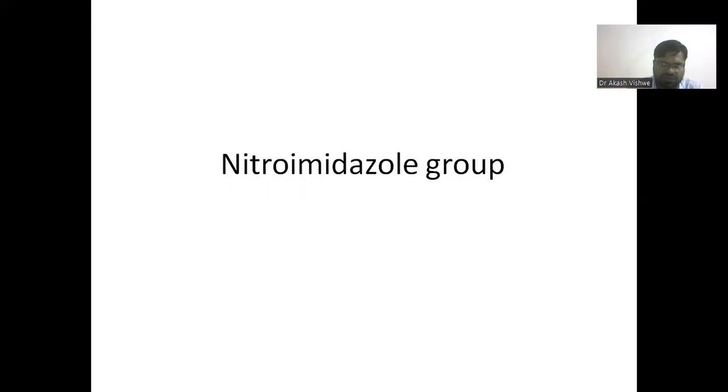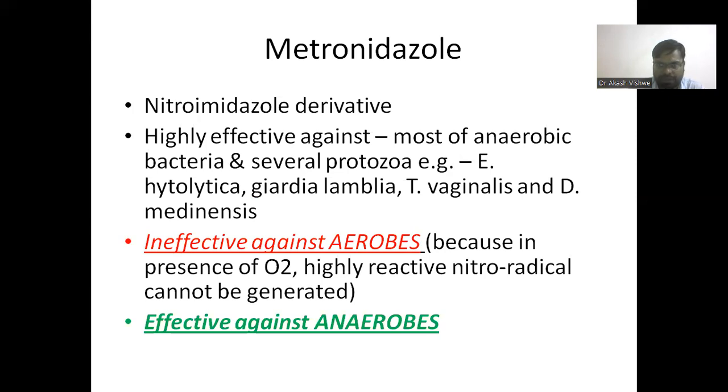We are going to discuss first the nitroimidazole group. The prototype is metronidazole. This is a nitroimidazole derivative. It is highly effective against most anaerobic bacteria and several protozoa, for example, Entamoeba histolytica, Giardia lamblia, Trichomonas vaginalis, and Dracunculus medinensis.